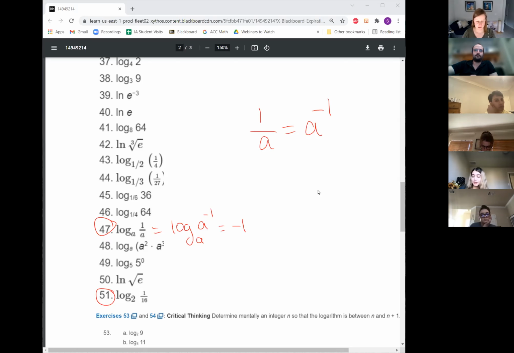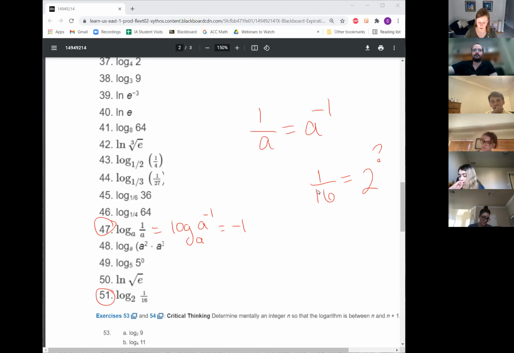I was confused on how to start this one. Okay, well, let's use the same strategy we used for 47. Can we turn the 1 over 16, can we change this to being a 2 to the something? Is there any way we could do that? Because then it would just be nice like 47 and kind of cancel all out. Would you divide it to get it?